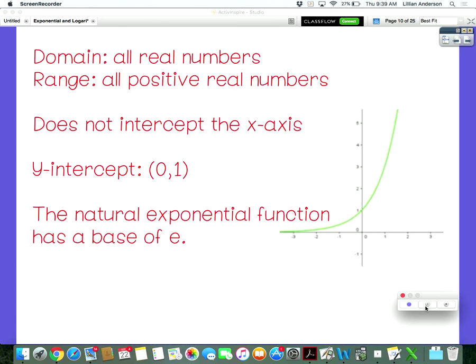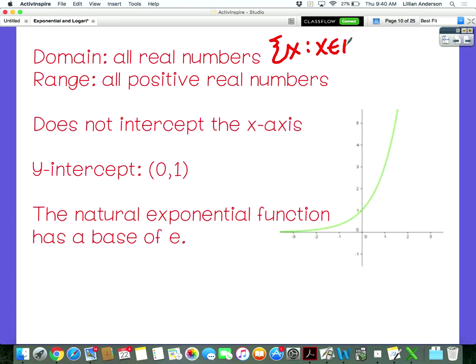Now, of course, you're not going to say all real numbers when you are asked to do the domain. Okay? How should you write that? And what about all positive real numbers?